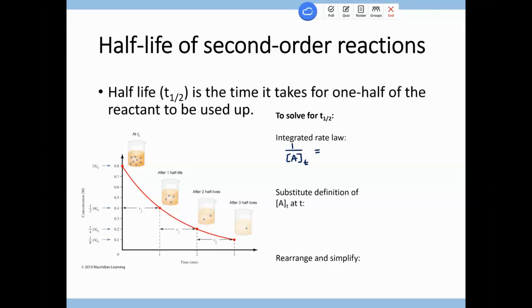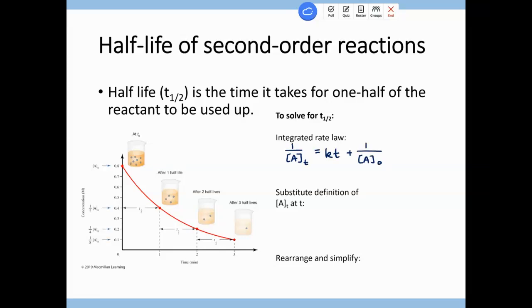One over concentration of A at time t is equal to rate constant times t plus 1 over initial concentration of that reagent.